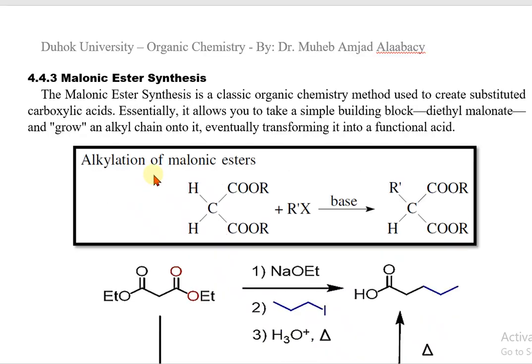Another reaction is the malonic ester synthesis.